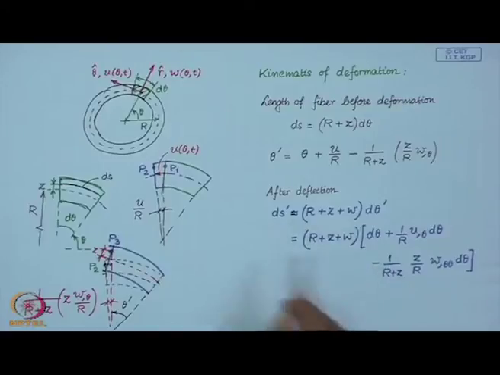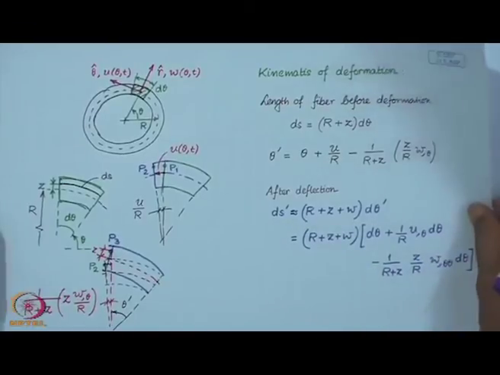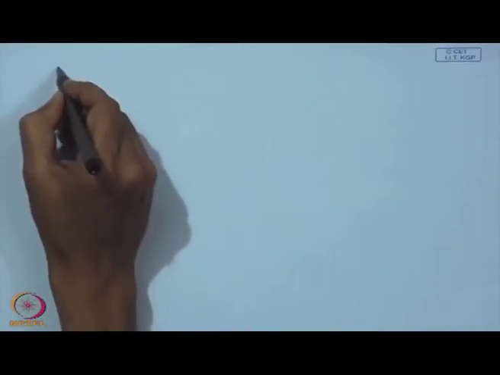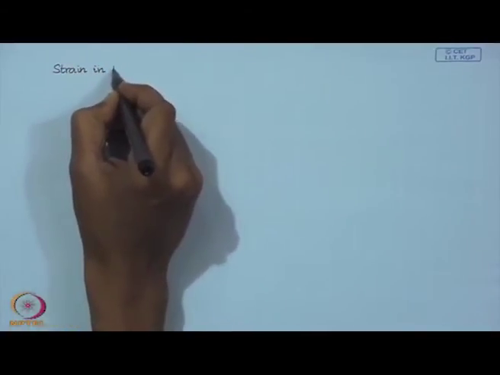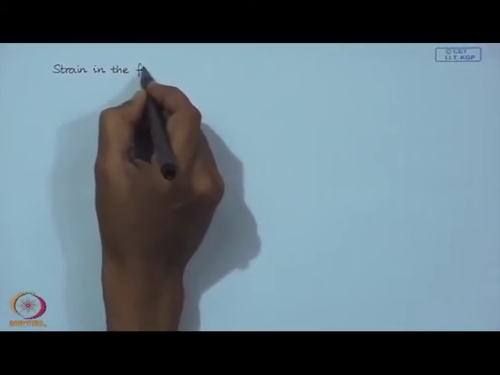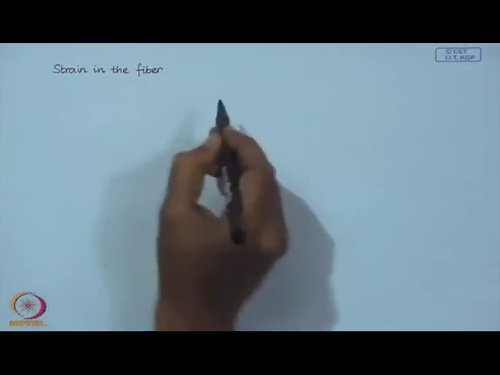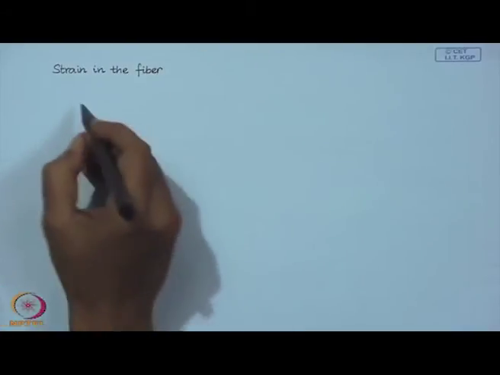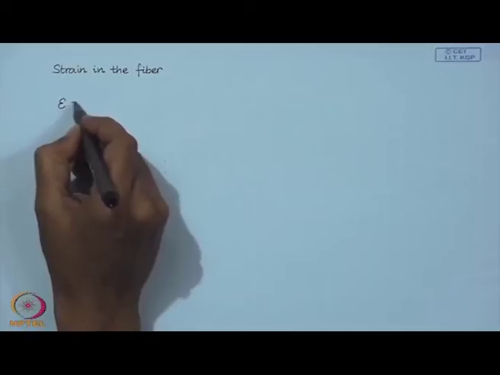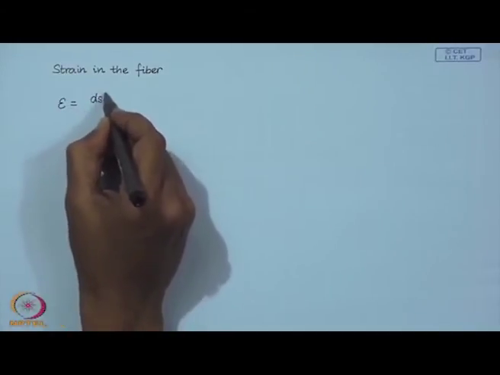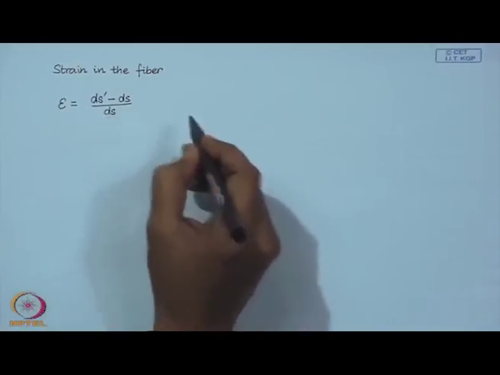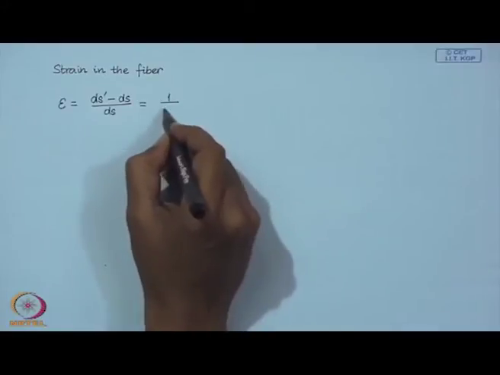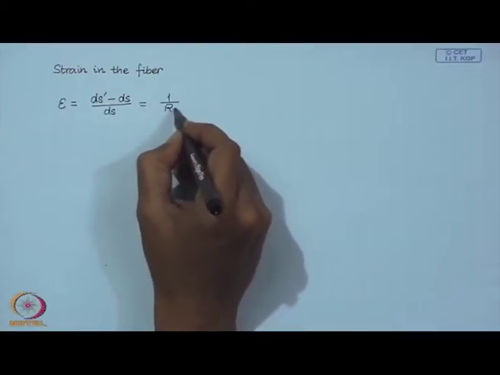So, this is the expression of ds prime, and therefore, if we calculate the strain now in that fiber at height z from the neutral plane, that can be calculated as ds prime minus ds over ds.